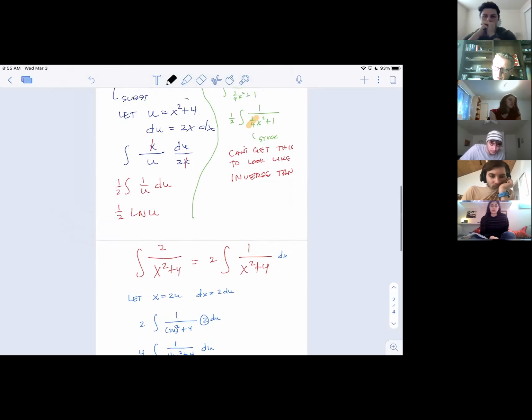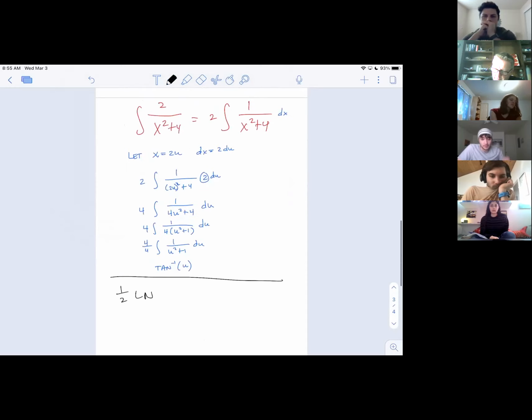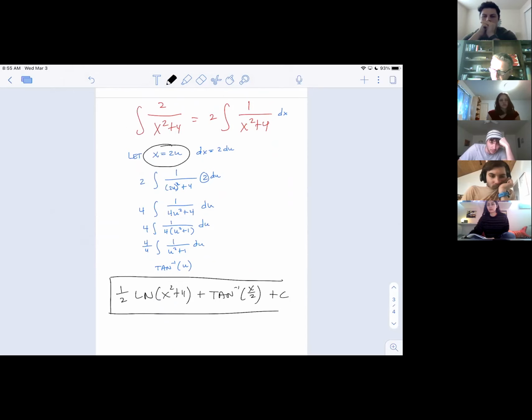For that problem, u was x squared plus 4, so that's x squared plus 4. Now for our problem, all those 4's ended up canceling, and so we just have plus the arctangent of u. I should have used a different letter because down here we used u to be something else. So u is x over 2, and this would be the arctangent of x over 2.